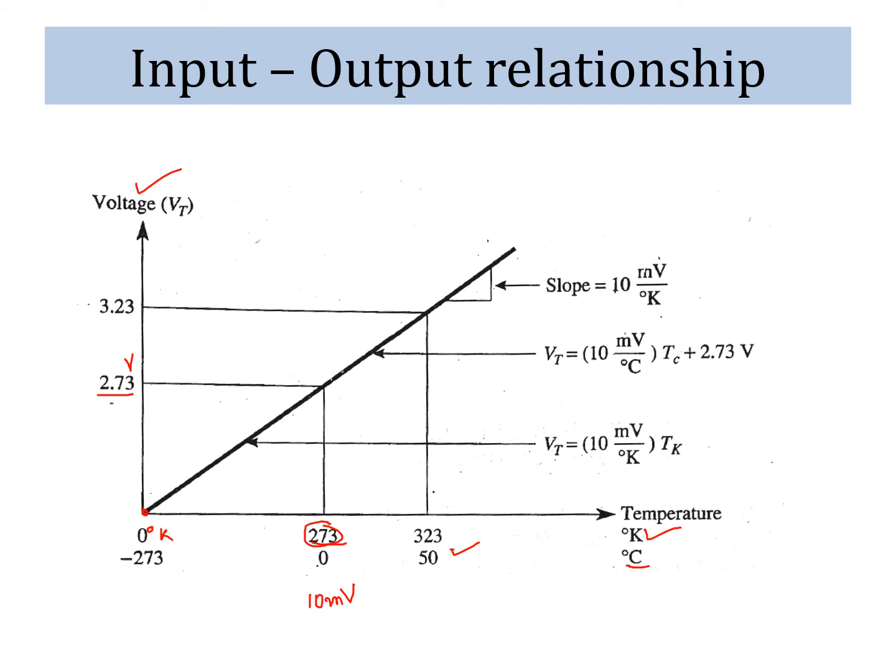Similarly, 50 degrees centigrade will be 323 Kelvin, and accordingly the output voltage is 3.23 volts. So this is the complete slope of the input output characteristic for LM335.